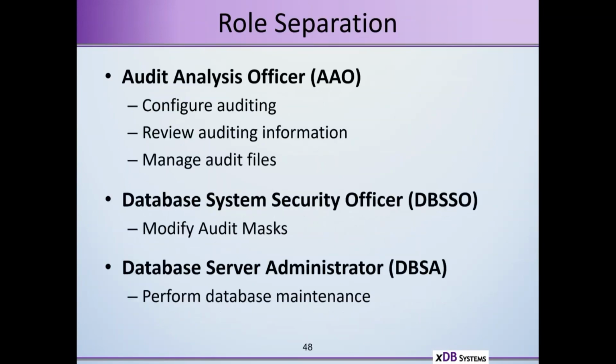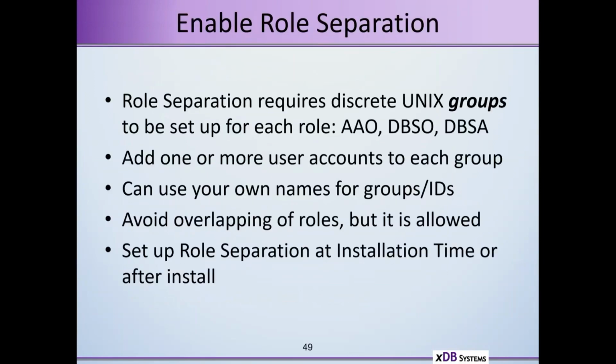Now, the roles are the Audit Analysis Officer, AAO, and that person can configure the auditing, review the information, and change your audit files or manage them. Your System Security Officer is the only one who can modify the audit masks. And then, of course, your DBSA or your DBA can carry on and do the normal database administration tasks.